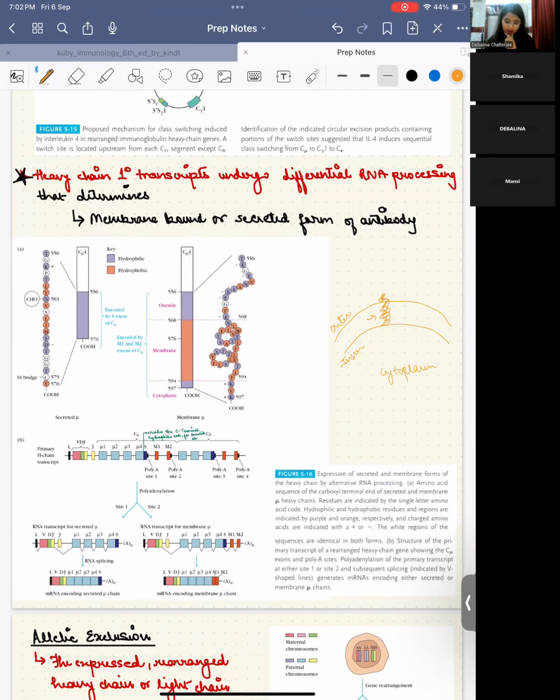But then it also has a small tail, right? So this is a C terminal which is inside the cytoplasm. And this tail should be hydrophilic now. Why so? Because it is there inside the cytoplasm, which is essentially a lot of water. And that's why if something has to stay inside, it has to be hydrophilic.